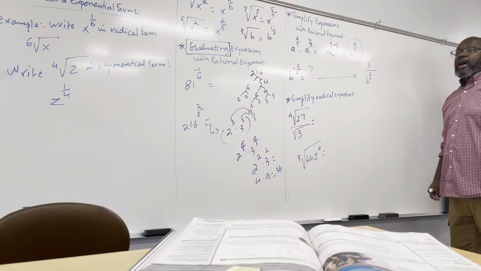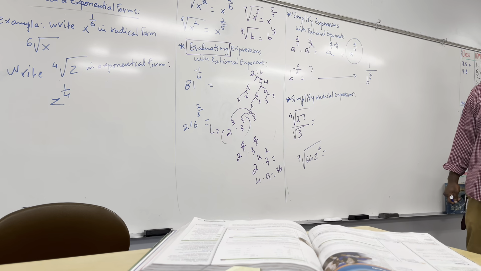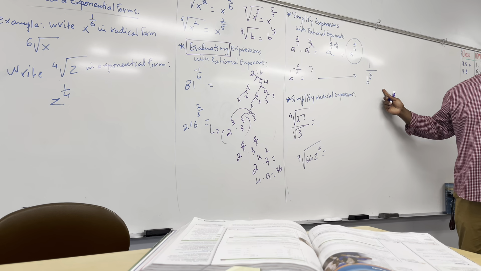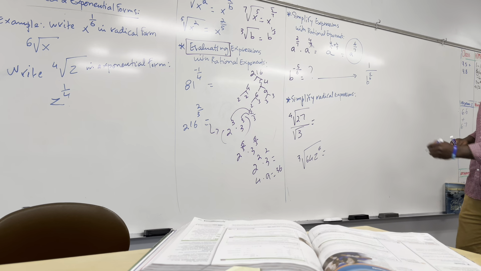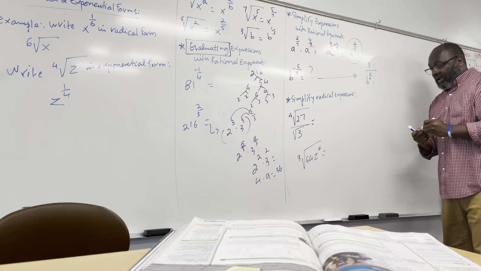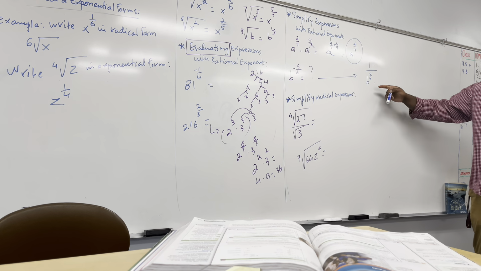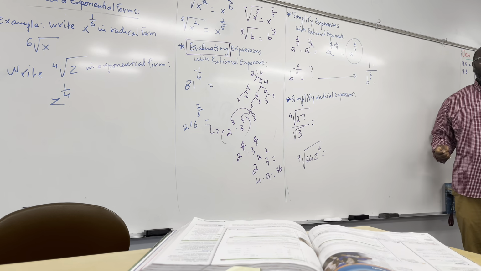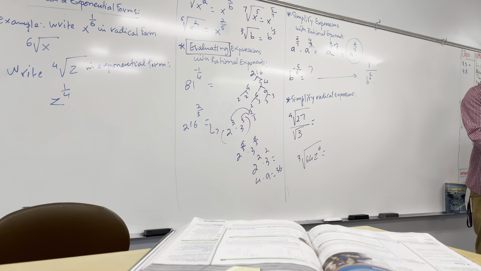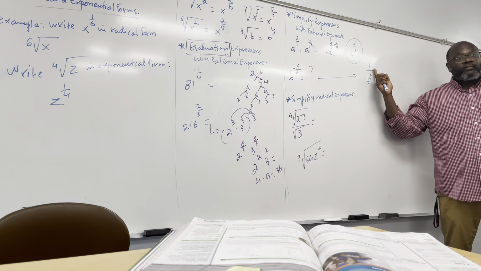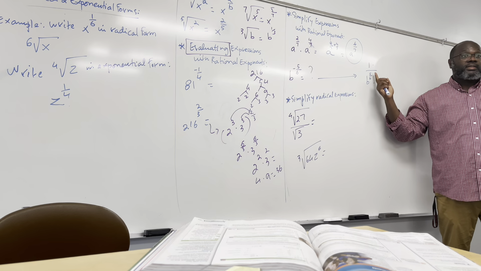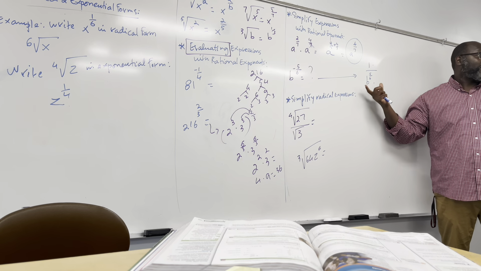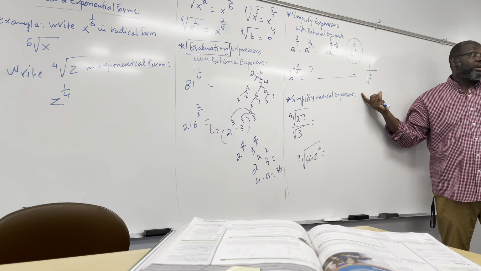Now I want to rationalize the denominator. When I say rationalize, that means I do not want an exponent that is not a whole number on the bottom. I want to turn this into a real number.